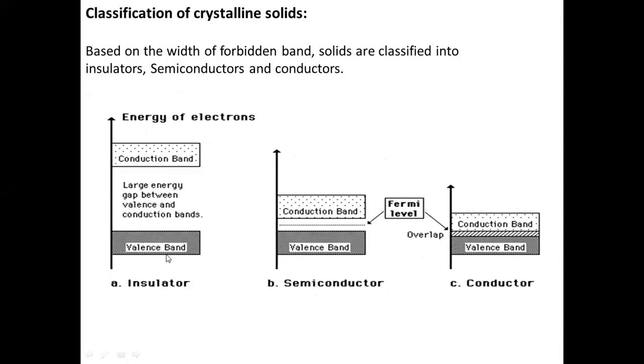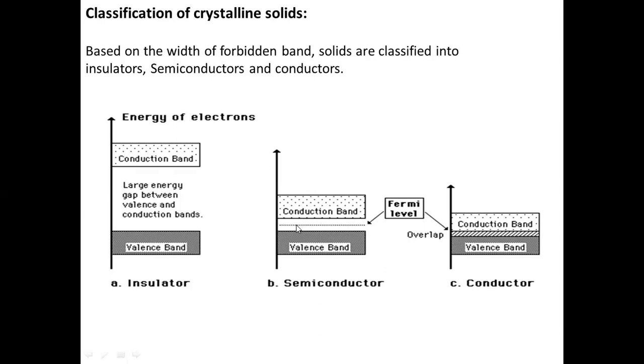You can see here, for an insulator, the energy gap between the valence band and conduction band is very high. In diamond, it is greater than 6 electron volts. In the case of a semiconductor, the Fermi energy or Fermi level lies exactly at the center of the energy gap, where the valence band and conduction band are separated by Eg.